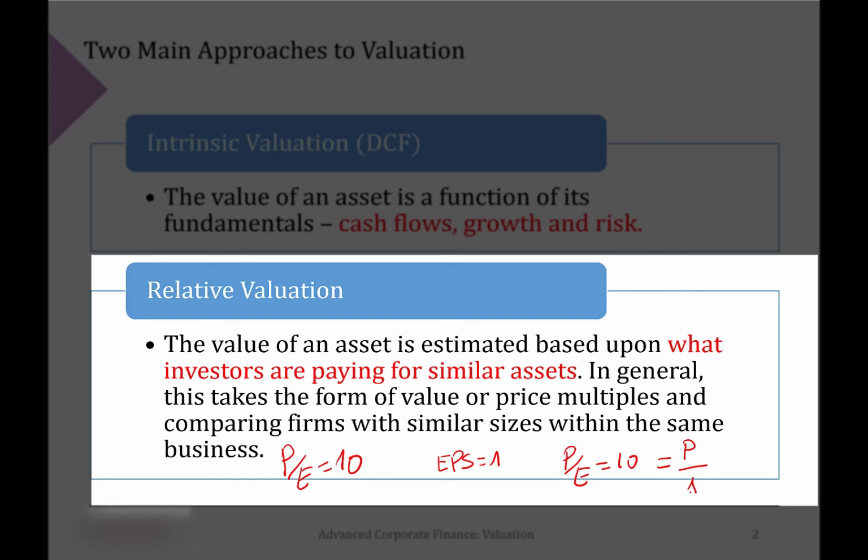The earnings per share is 1 for your company, and therefore the price would be an estimated €10. That's a relative valuation estimation for your company.